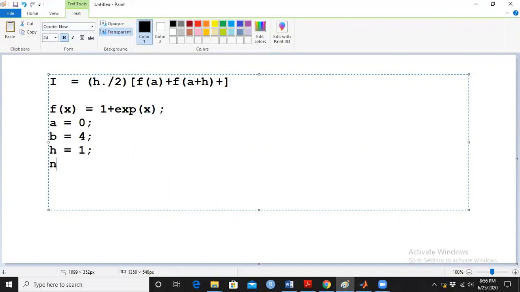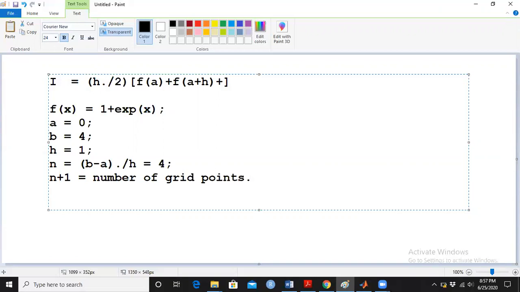And then how many patches are there? The formula is (b minus a) divided by h, which gives me 4. Now remember that n plus 1 is equal to the number of grid points, right?